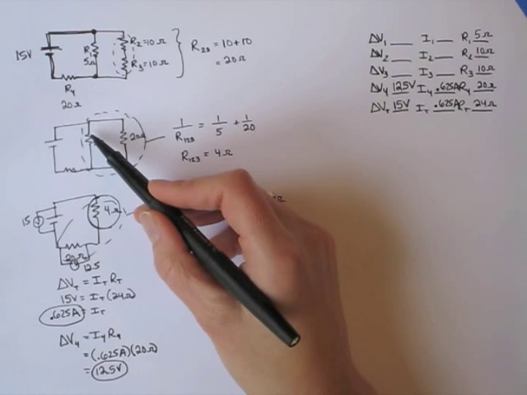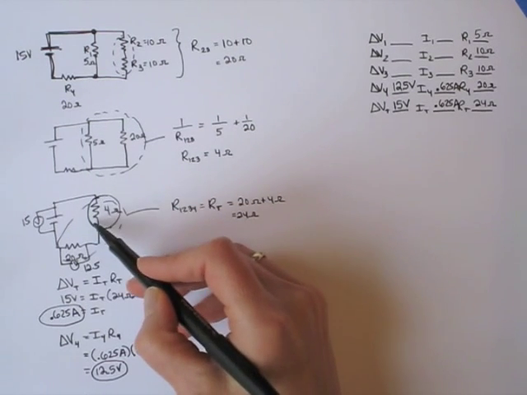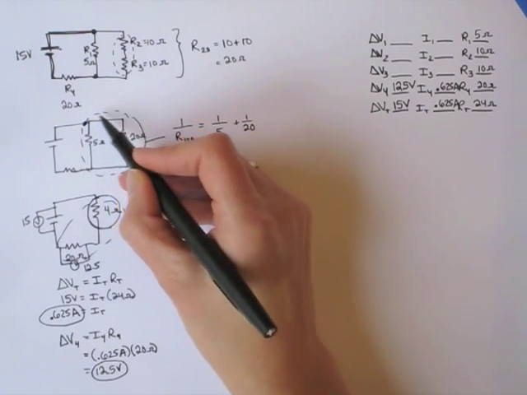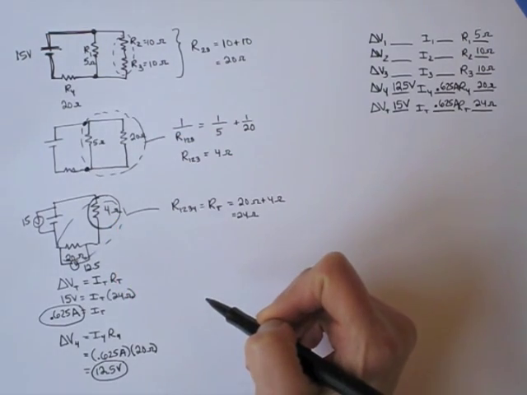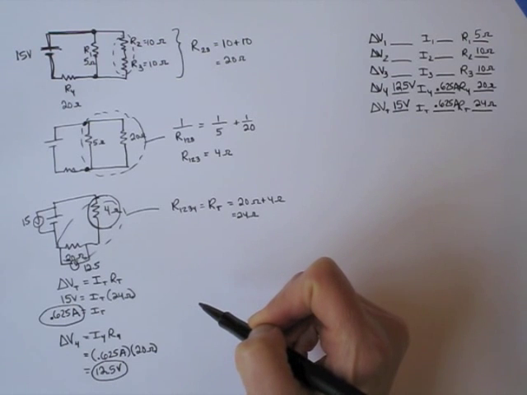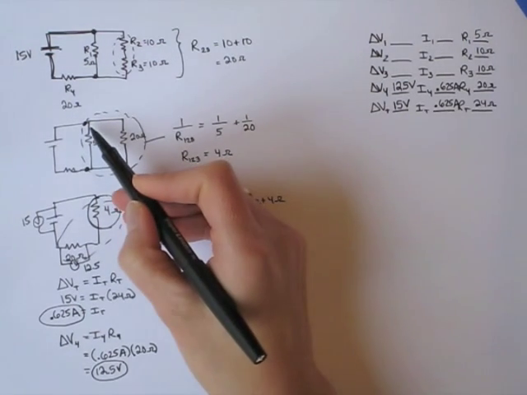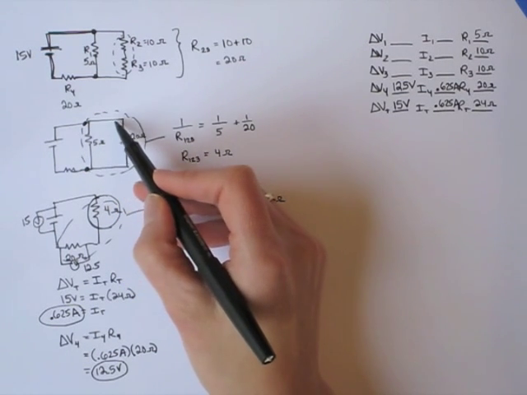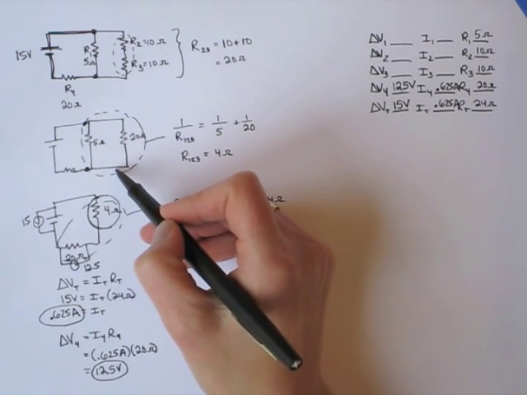Now if I go back up to this diagram, I can see that this 4 ohm resistor was really 2 in parallel. So from this point to this point, right, the pressure difference is going to be 2.5 volts. Well, these are in parallel, so that means 2.5 volts for this one and 2.5 volts for that one.